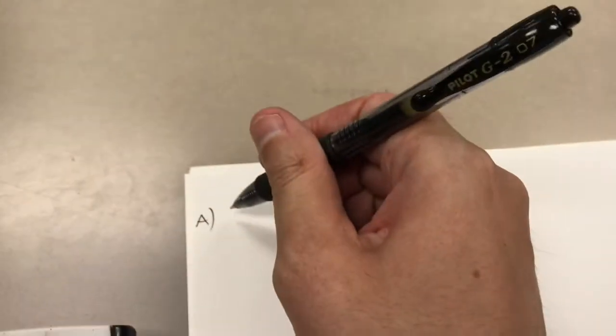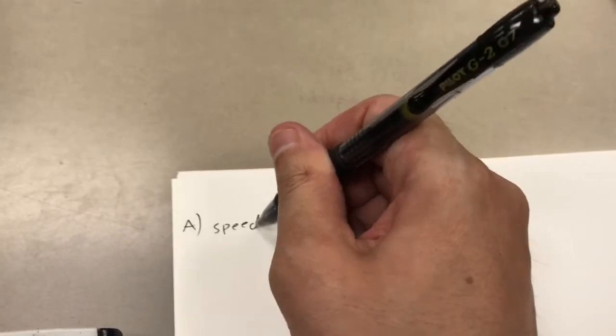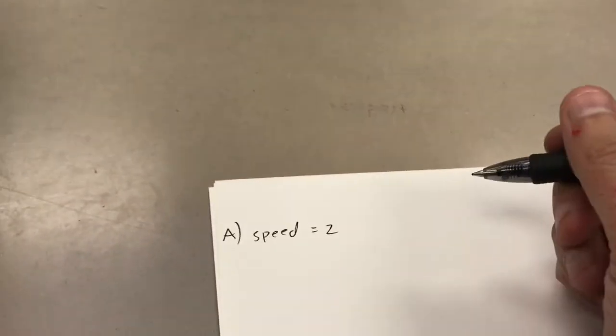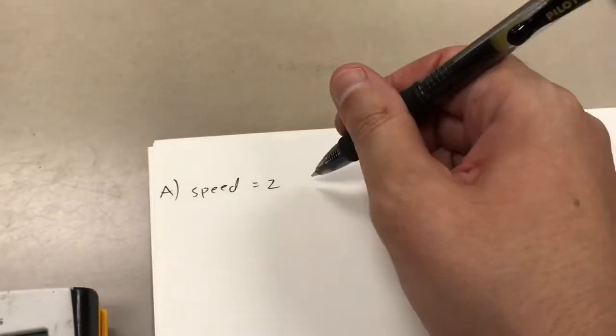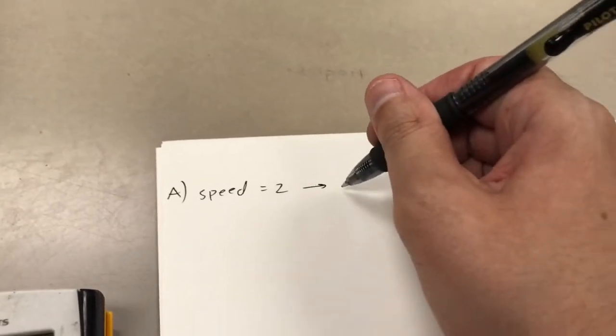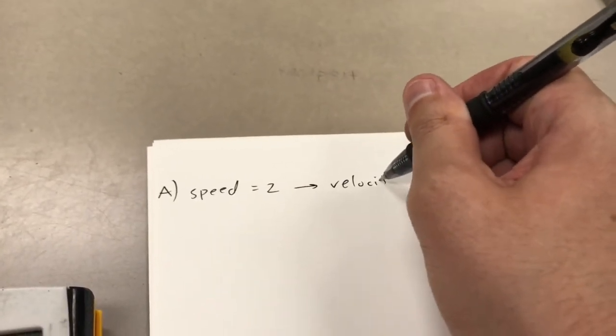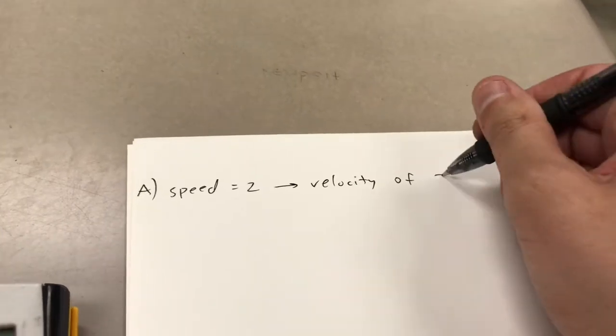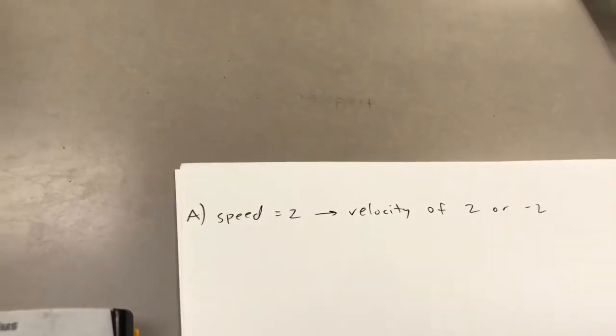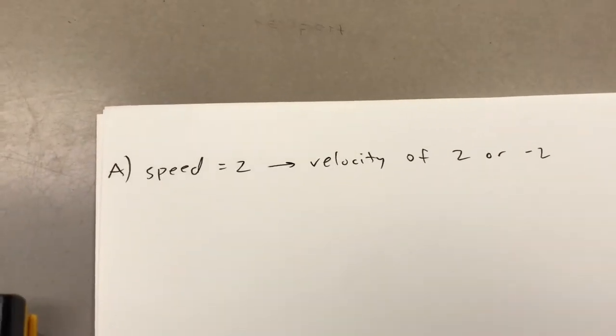All right, so in this question, if the speed is going to be 2, remember that speed is always positive, so this means that we could be looking at either a velocity of 2 or -2. Okay, that's really what we're trying to figure out here.